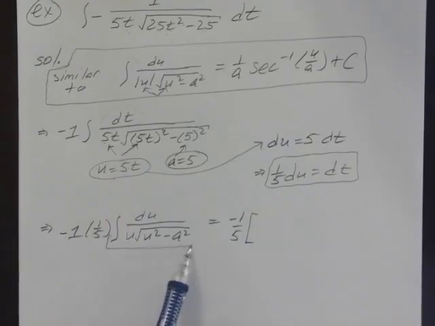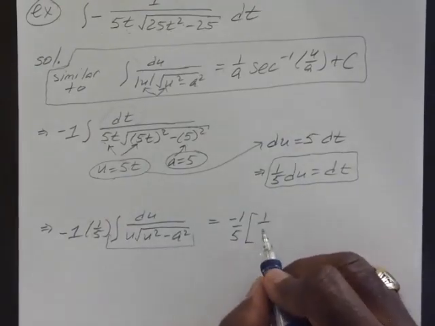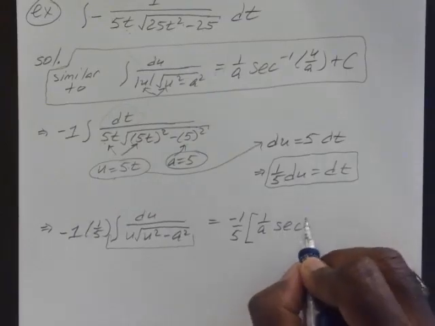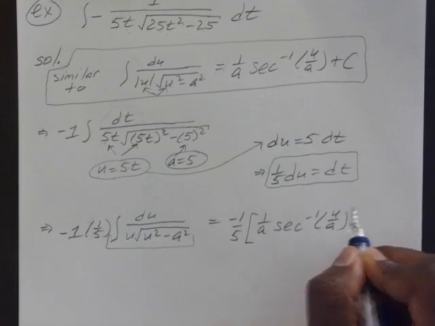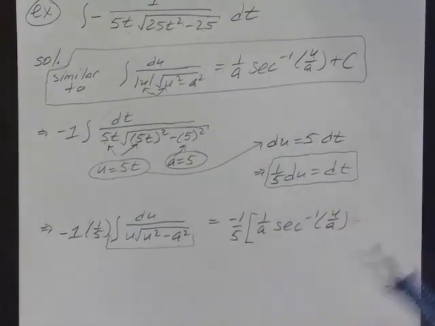And this integral, we know that's equal to 1 over a times secant inverse of u over a.